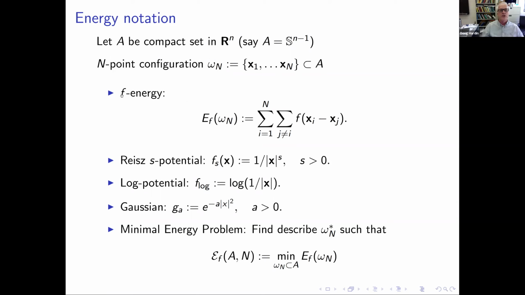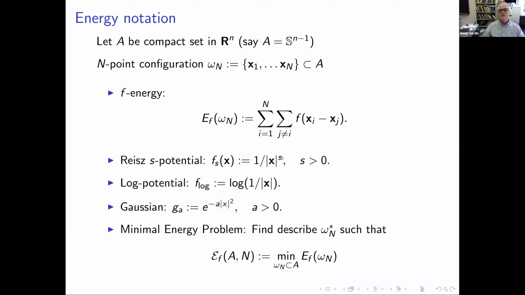The f-energy is going to be a sum. Since often the potential small f may blow up when you plug in 0, when x_i is equal to x_j there may be a problem, so we'll drop the term where i is equal to j and sum over all the other pairs. Most of our work has concentrated on inverse power laws, or the Riesz s-potential for s positive.